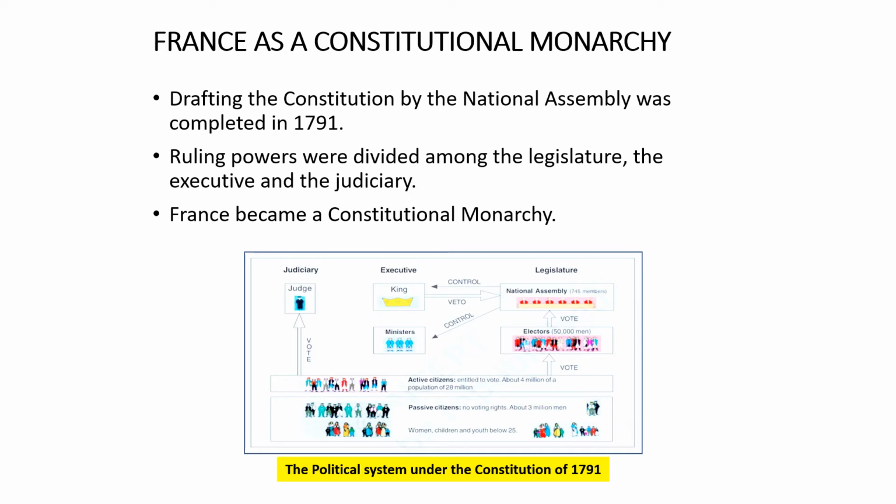Here, the functioning of the legislature was done by the National Assembly. It had 745 members who had the powers to control, that is, to check both the king and his ministers. But still, the king was reserved for his veto power, that is, he still had the power to refuse or block a decision.